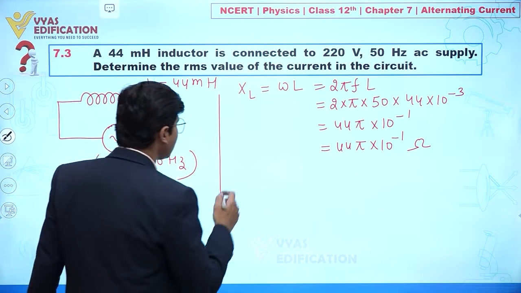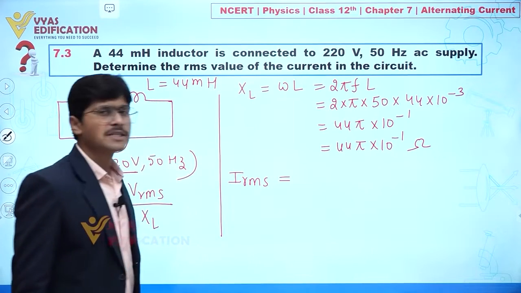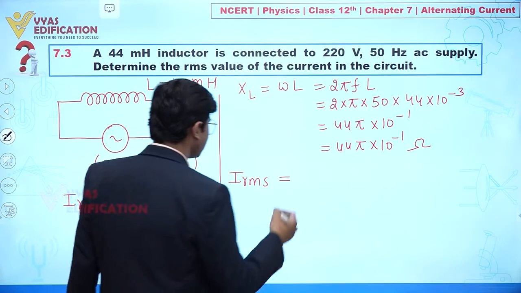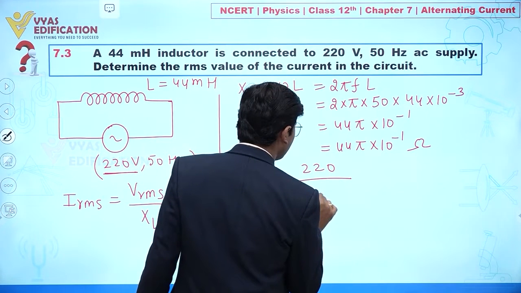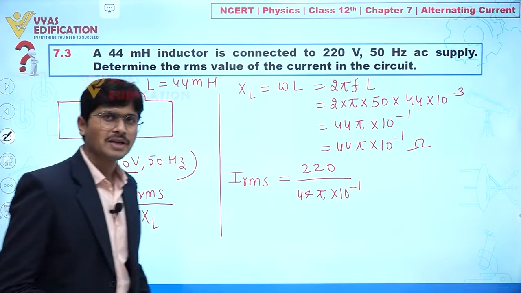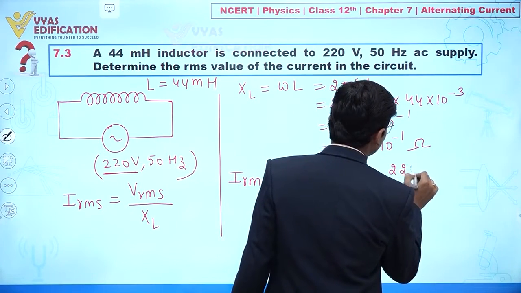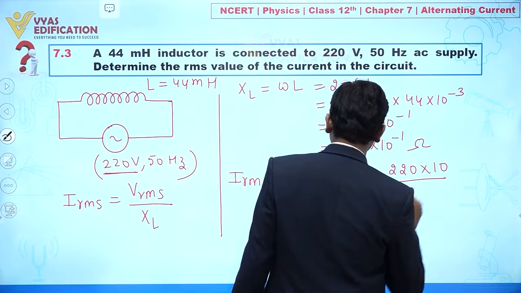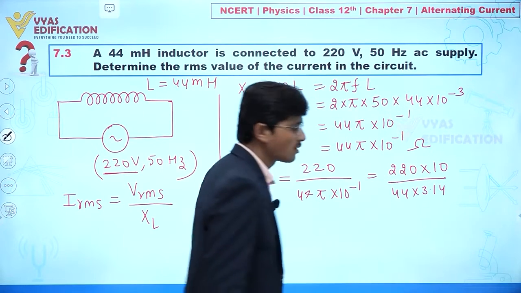Now can we write I_RMS is equal to V_RMS. V_RMS is given in this question, this is 220 volt divided by 44 pi multiply 10 to the power minus 1, clear. So from here you can write this is 220 multiply 10 divided by 44 into 3.14, clear.